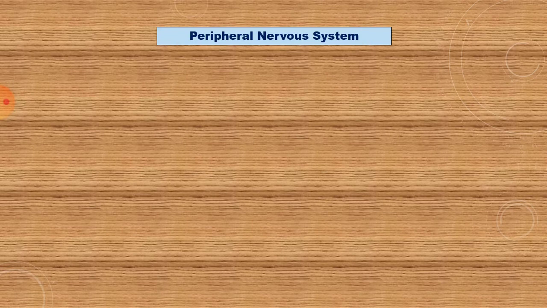Next, the peripheral nervous system. It is formed by the nerves arising from the brain and spinal cord: cranial nerves from the brain, and spinal nerves from the spinal cord. First, cranial nerves. In man, there are 12 pairs of cranial nerves.